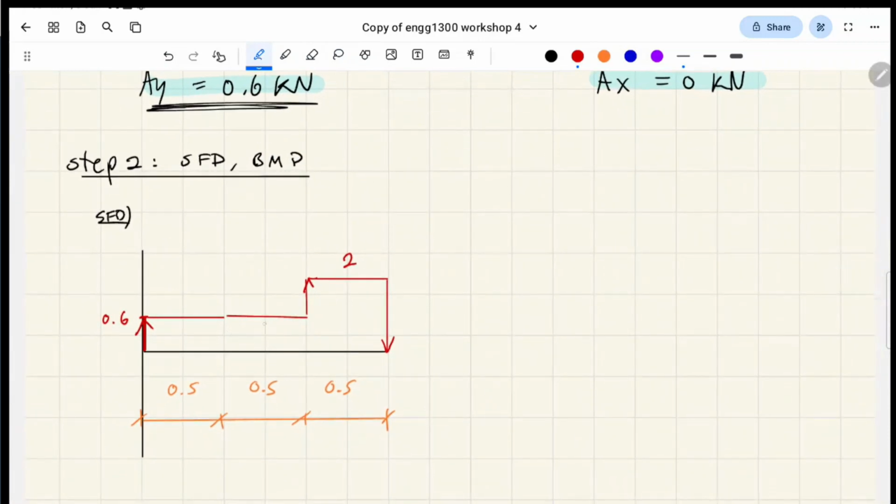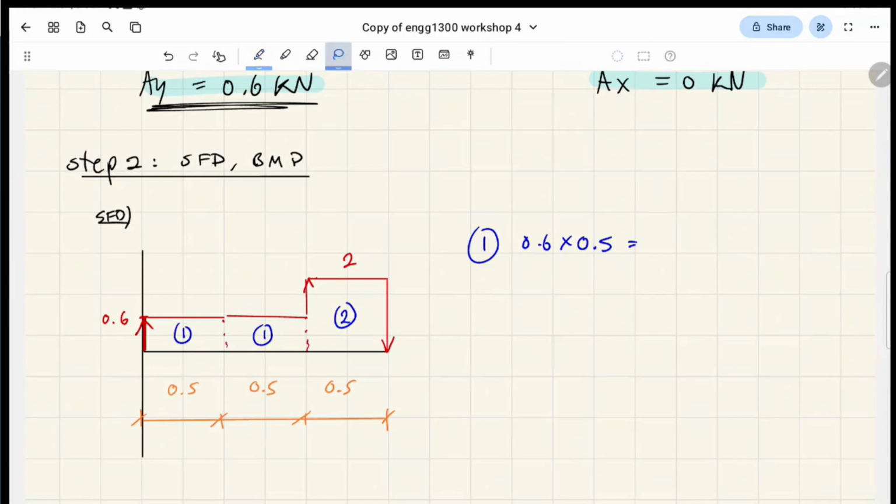What I'm going to do is break this shape up into smaller shapes, because this will be useful for calculating the bending moment diagram. So I'm going to call this shape 1, and because this is the exact same shape, I'm going to call this one 1 as well. And then I'm going to call this shape 2. And now we literally just find the area of this shape. In the up-down direction, it's the shear force. In the left-right direction, it's the length. So it's 0.6 times 0.5 for shape 1.